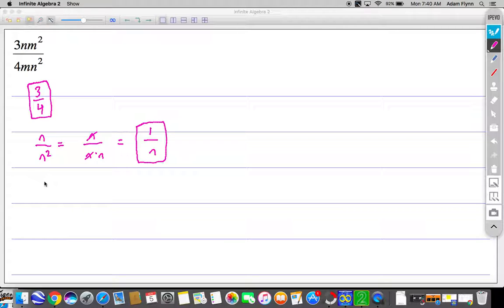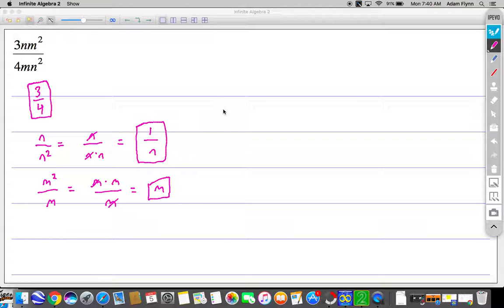Now for my m's, I've got m squared divided by m. I'll do the same thing. I could subtract these two powers because I will get a positive number if I do that, or you could rewrite it as m times m over m. I could cancel out an m from both of these, so I'm left with 1m.